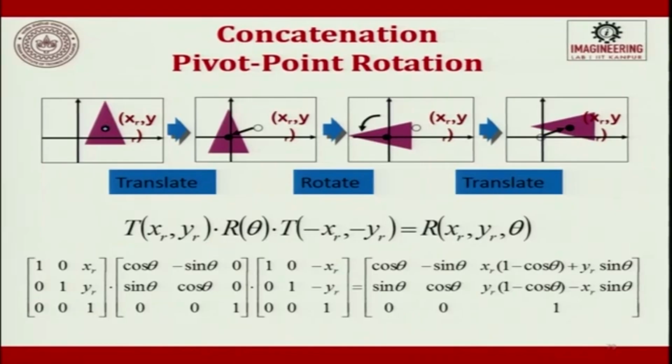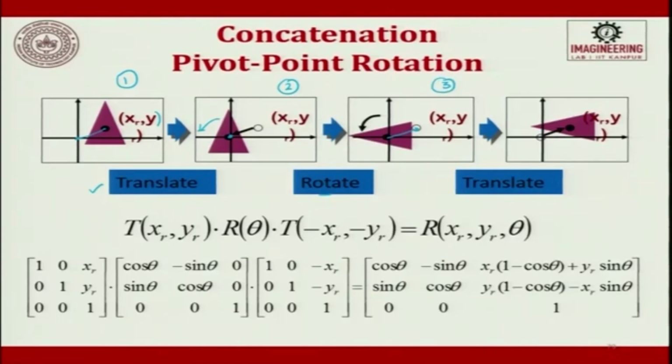So, now what we do is we try to first move the pivot point to the origin. So, that is translation. After it is moved to the origin, now we are trying to rotate it. So, that is the next step, we rotate it, and after it is rotated we would like to translate it back to the point. So, this is the first step, this is the second step, and this is the third step we will try to do.